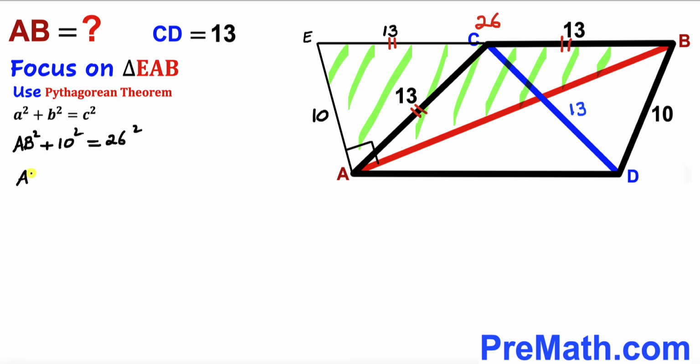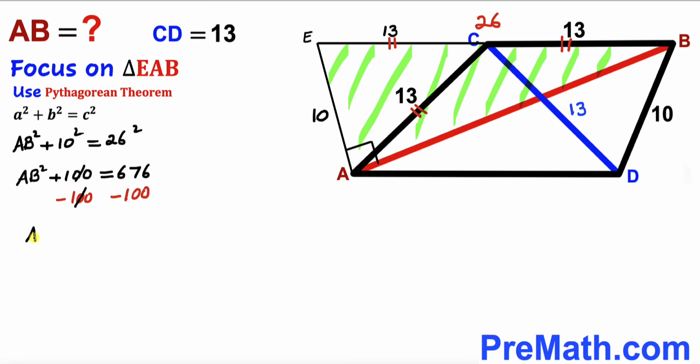We got AB squared plus 100 equals 676. And now I'm going to subtract 100 from both sides. And here we can see this 100 and 100, they are gone.